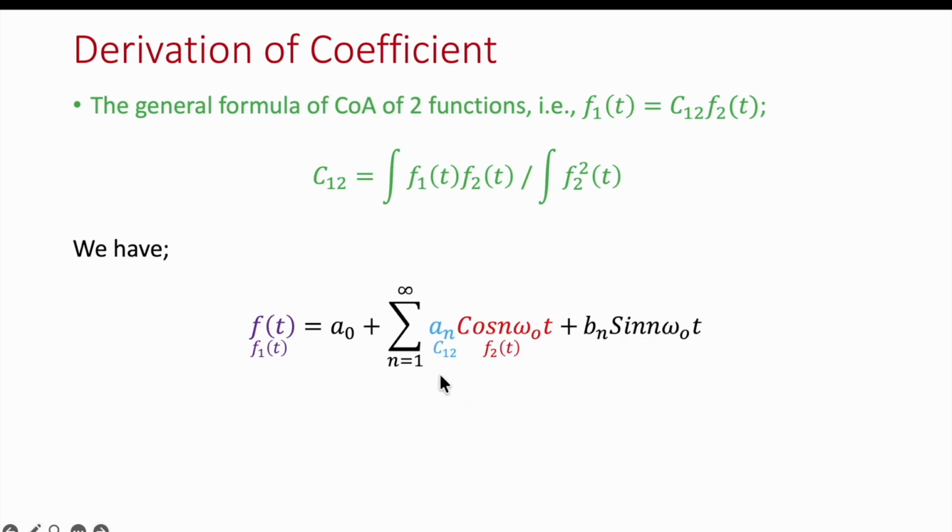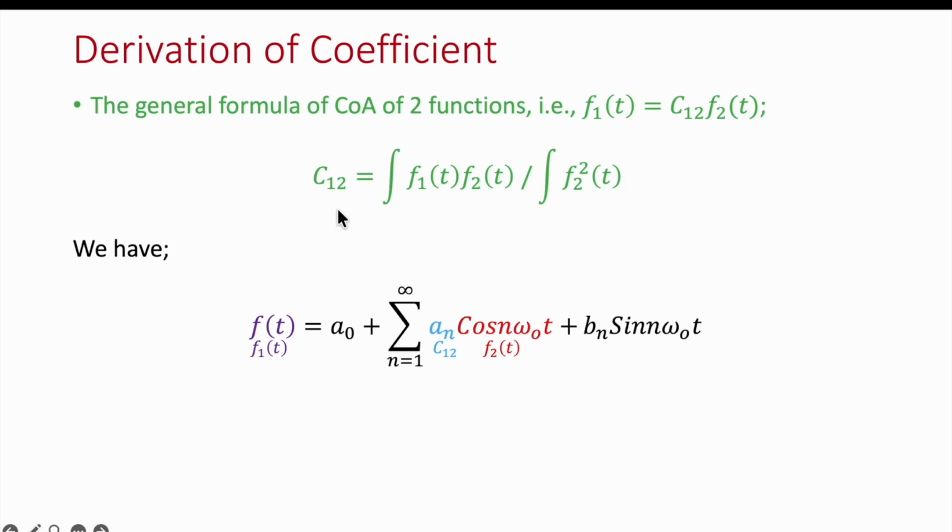If we consider the even function, the coefficient of approximation a n is denoted by c12, cos n omega naught t is function 2, and f of t is function 1. So we are representing it using this equation, and then we can use this formula.